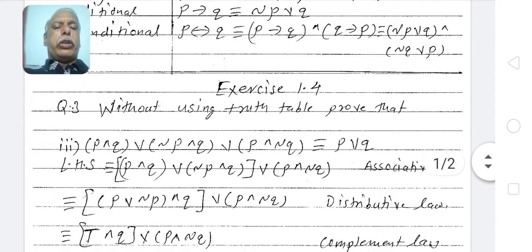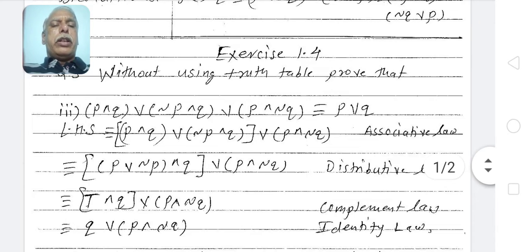Apply that law here. P or negation P gives T and Q as it is, round bracket complete, or P and negation Q as it is. Now again, T and anything is always that thing only. Therefore Q or P and negation Q.